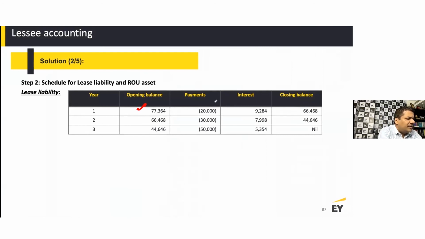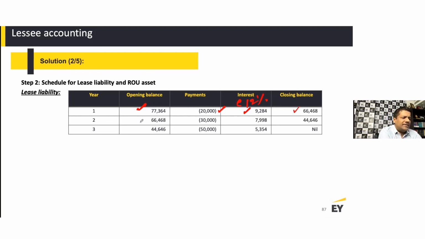Then I'm going to make the payment of 20,000, because the payments I'm making are 20,000, 30,000 and 50,000. That information is available. So I'm going to then unwind the discount, which is 9,284, which is nothing but 12% on 77,000, accreted at the rate of 12%, right?